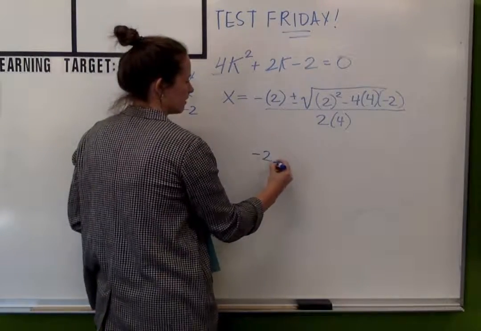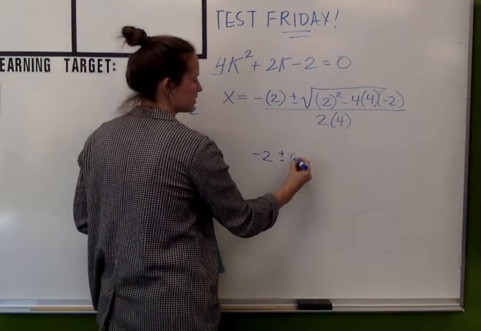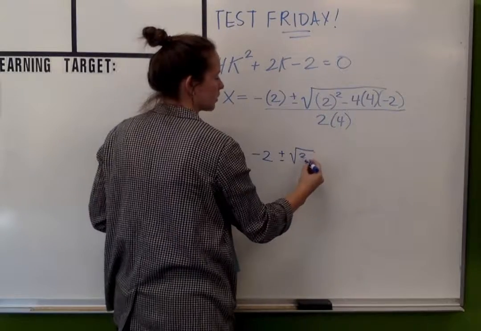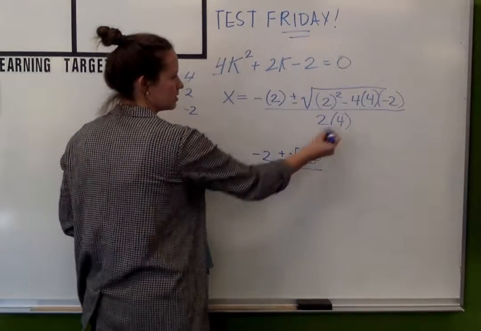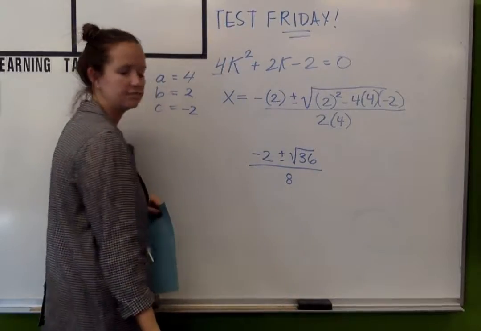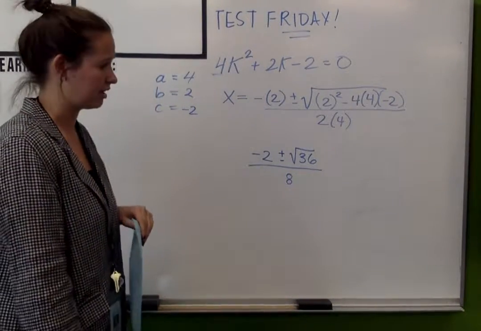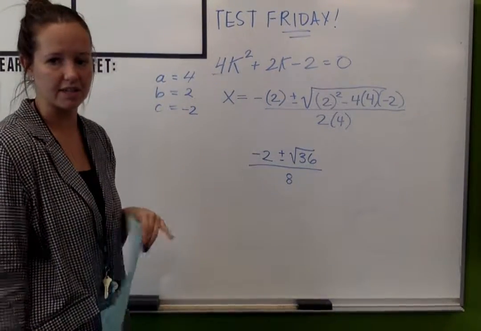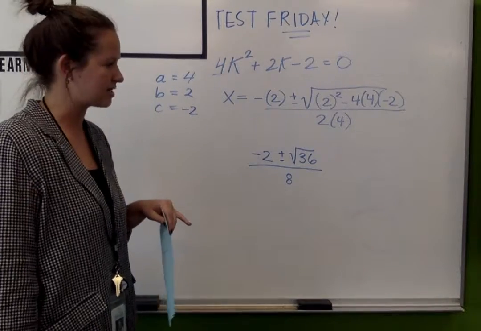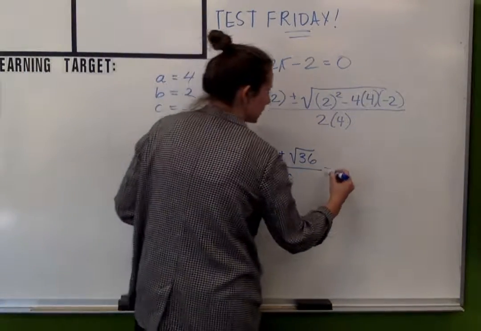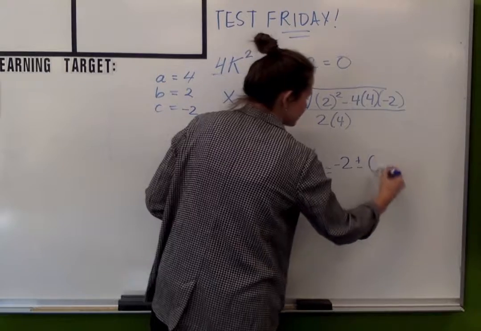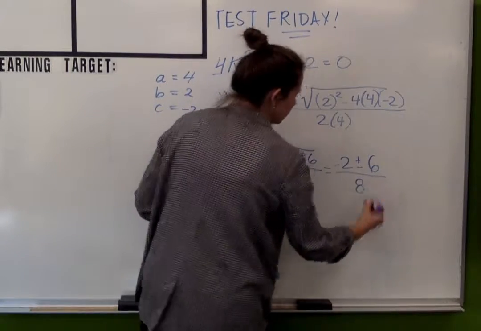So I'm going to keep the negative 2, keep the plus or minus, and this whole thing was the square root of 36. 2 times 4 is 8. Easy. This is actually a really good number because the square root of 36 has an answer. The square root of 36 is 6. So I'm going to rewrite this as negative 2 plus or minus 6 over 8.